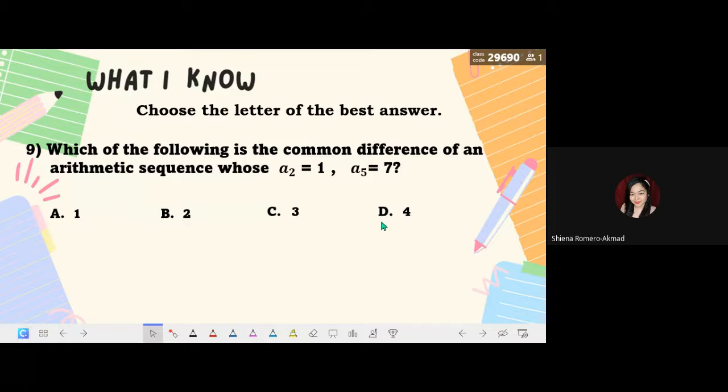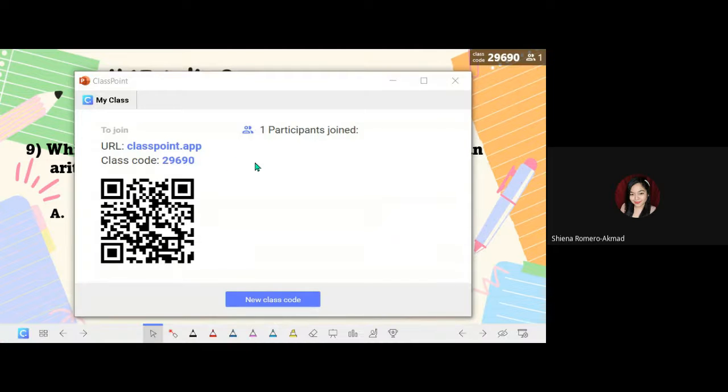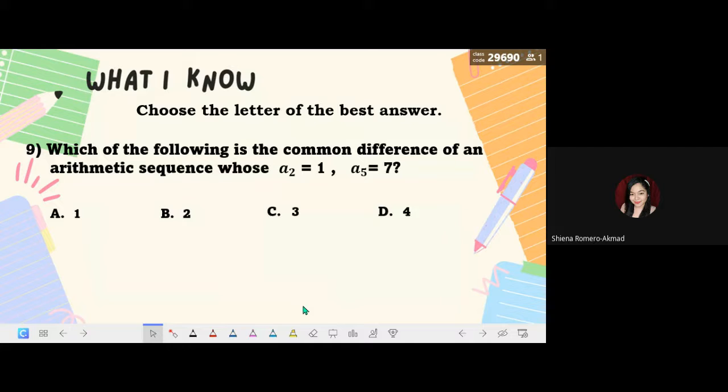Okay. Again question ko para malaman ko kung nandyan kayo. Mahirap pa siyang hanapin yung common difference kapag walang other terms kayong nakikita. Dalawa lang at magkalayo pa. Mahirap hindi? Uy, sasabihin niyo lang sa akin kung mahirap o madali.